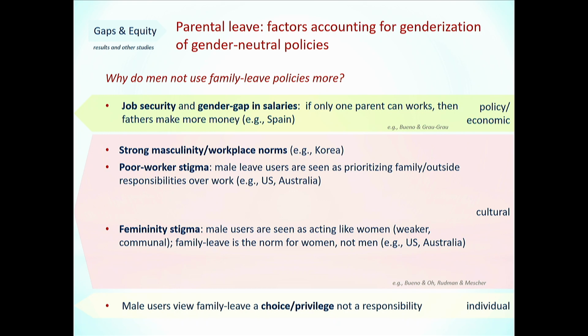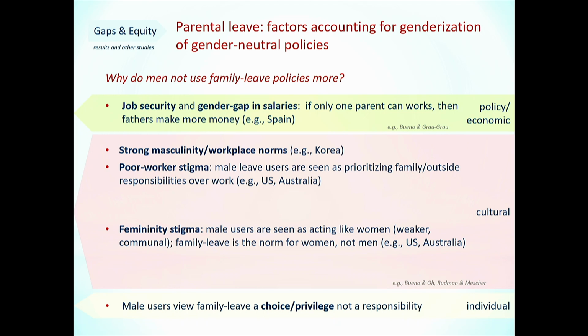There are also other interesting things in the US and Australia, where most of these studies come from, in connection to the stigmas that male users of parental leave undergo. The poor worker stigma and the femininity stigma are related but different. The poor worker stigma basically means that male leave users are seen as prioritizing family and outside responsibilities over work.